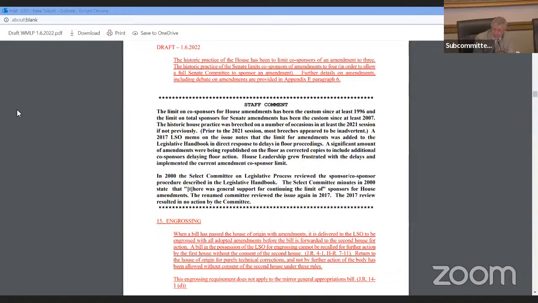I can tell you that the Select Committee in 2000 and then again in 2017 looked at this and thought that you should stay with the limit on co-sponsors. The House has a limit of 3 co-sponsors, so 4 sponsors total for an amendment. The Senate allows 4 co-sponsors, and the reason for the Senate is so a full committee could sponsor an amendment.